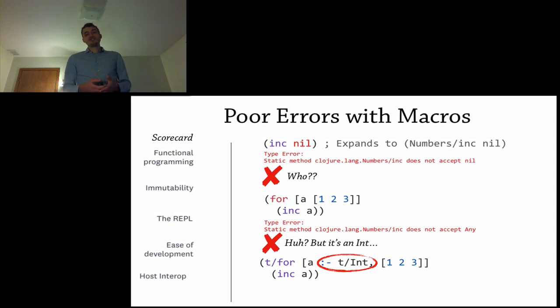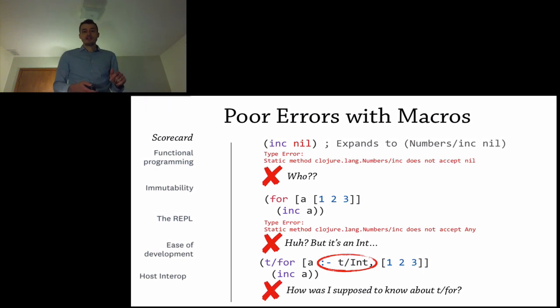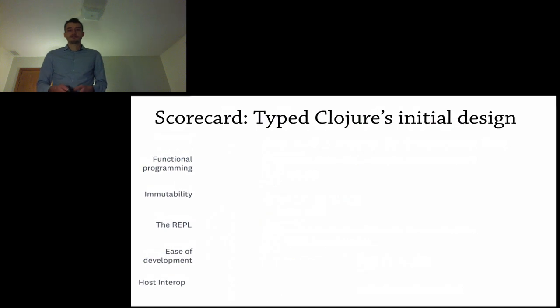But what you need to do as a user is to use this typed wrapper macro and then add an annotation. And this is a similar solution to type bracket. But how is the user supposed to know that from such a cryptic error message? So yeah, this really bogs down development with these confusing error messages.